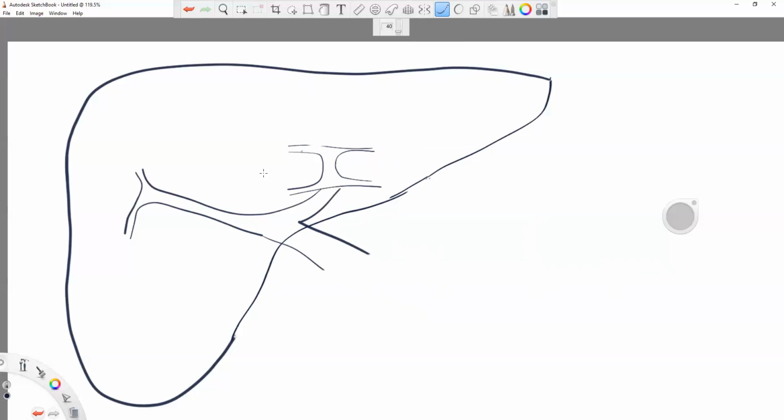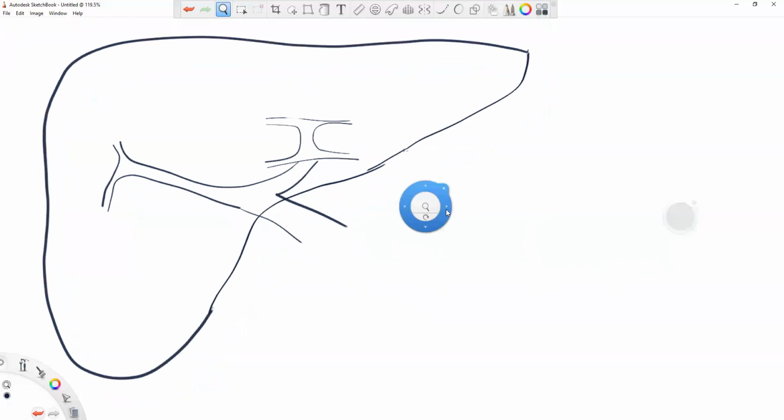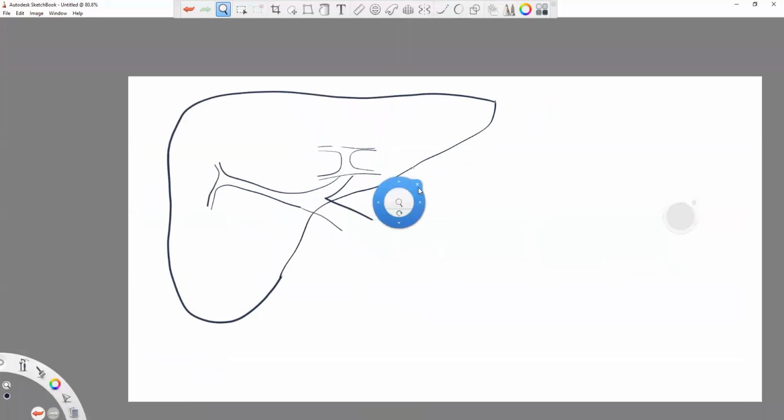Well, that's a good question. If we were to turn this liver around, now I'm using the whole page, aren't I? This is a transverse view of the liver.